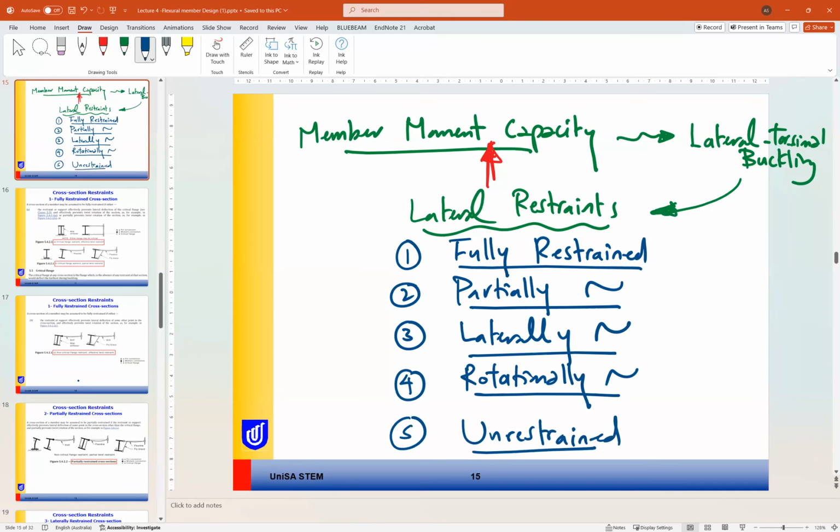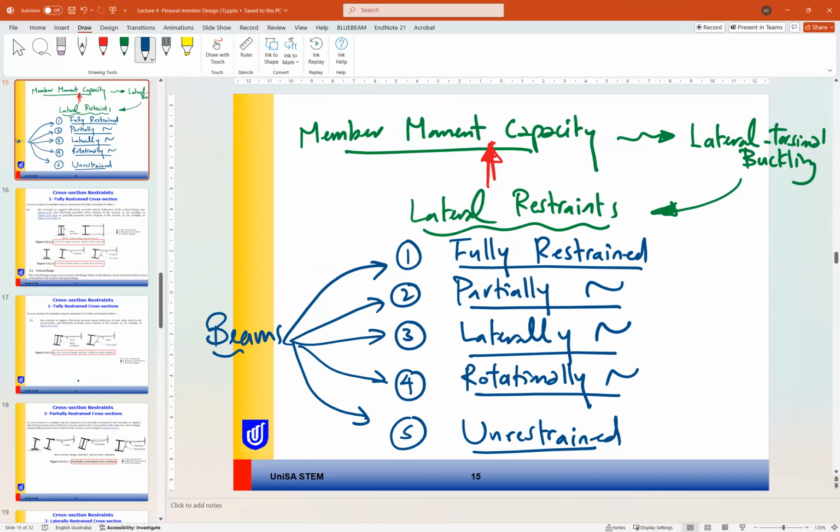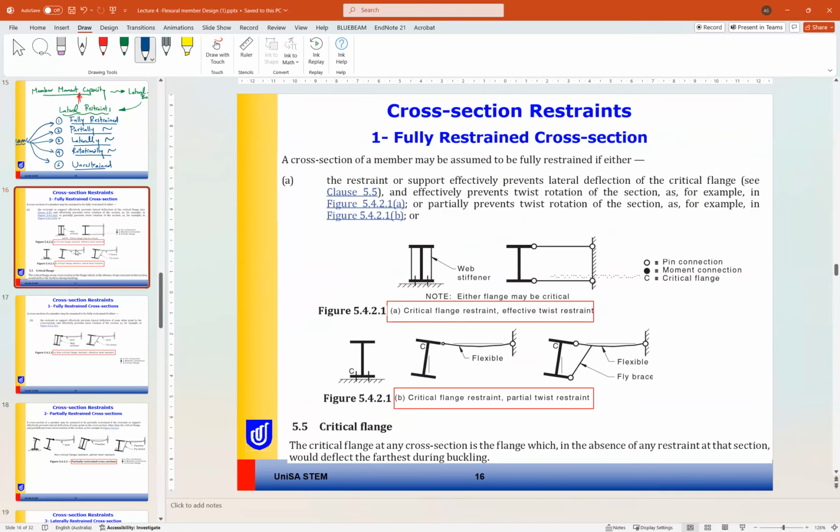So these are the five types of beams according to their lateral restraint. The standard covers all of that and gives us some instruction on how to consider any of them.